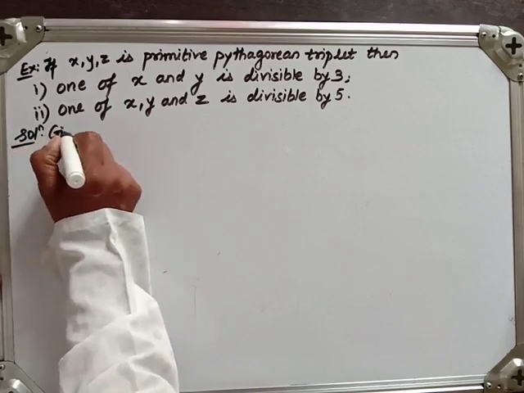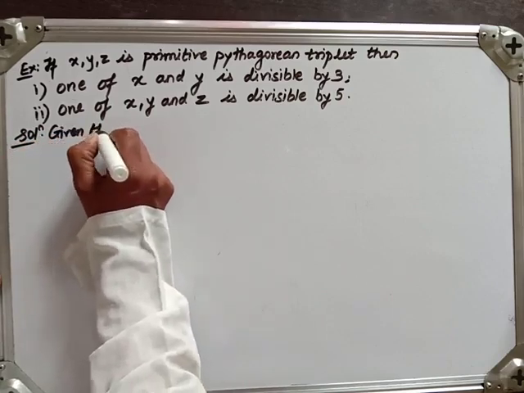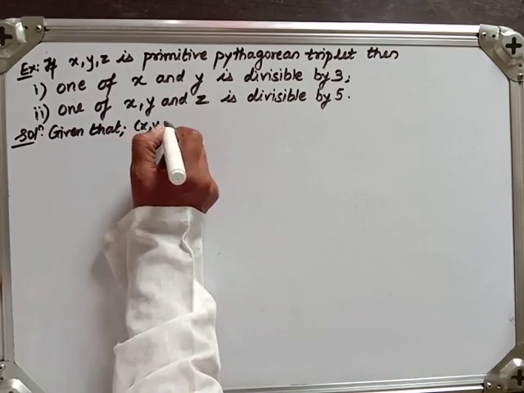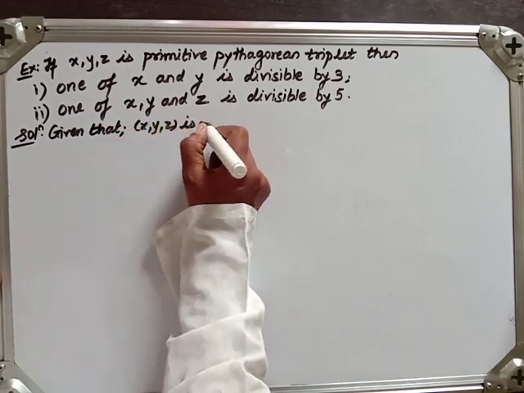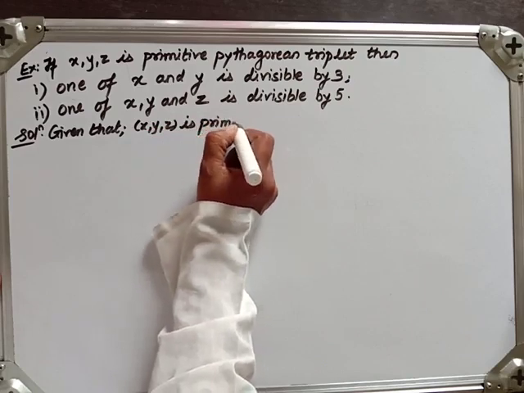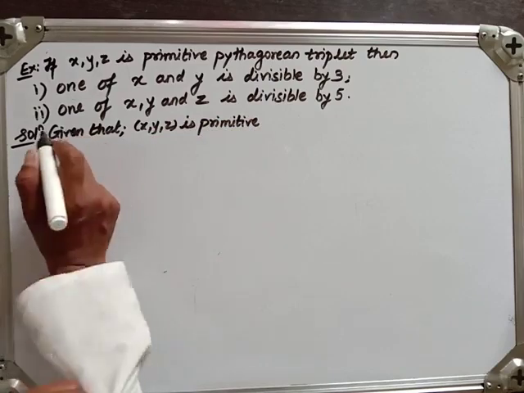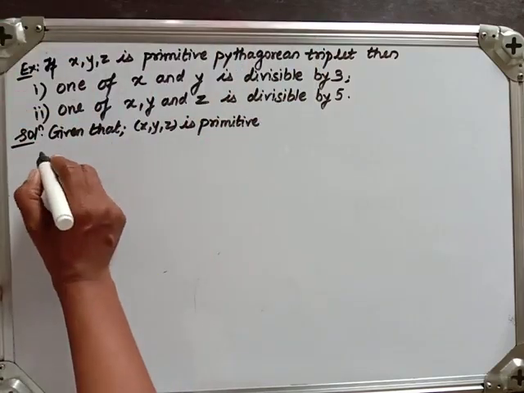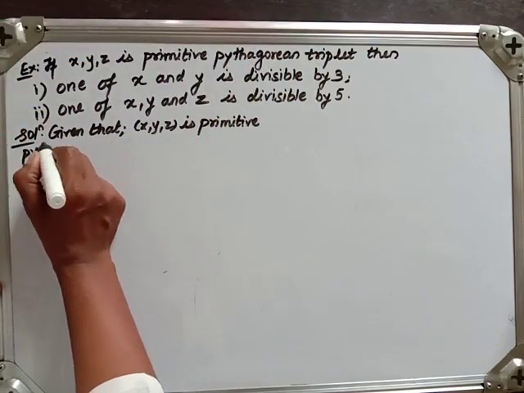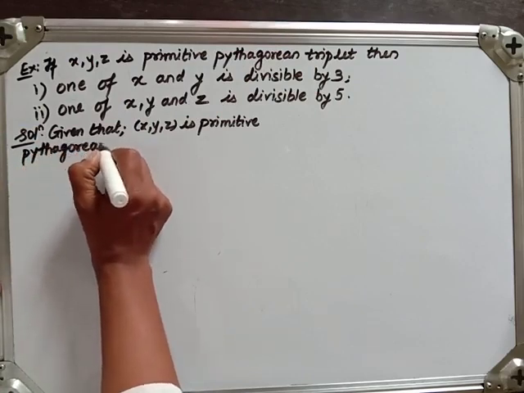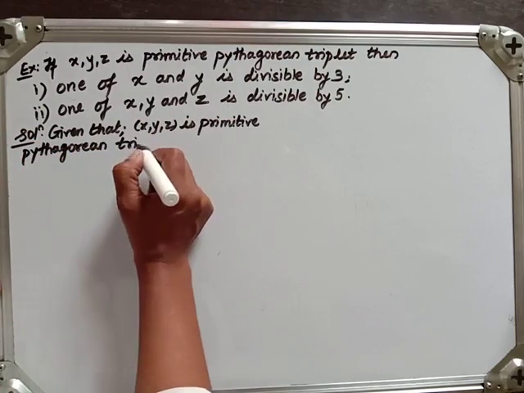Given that x, y, z is a primitive Pythagorean triplet.